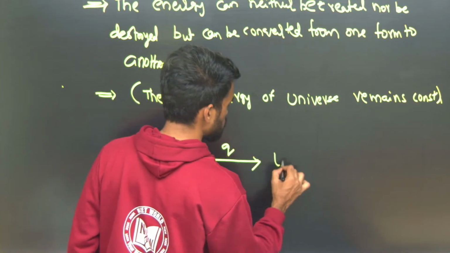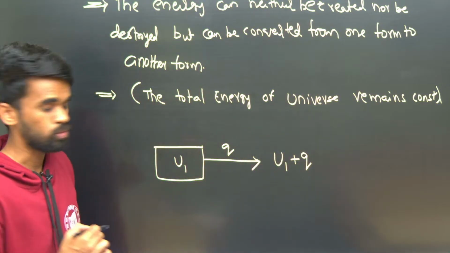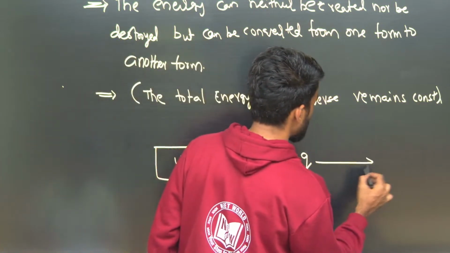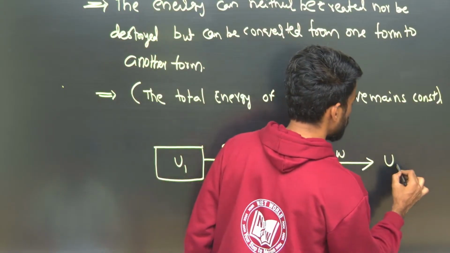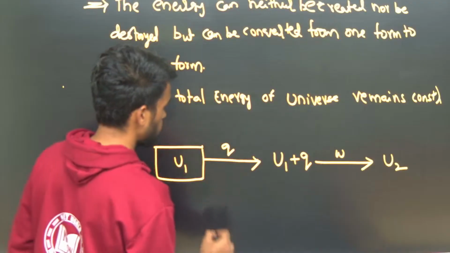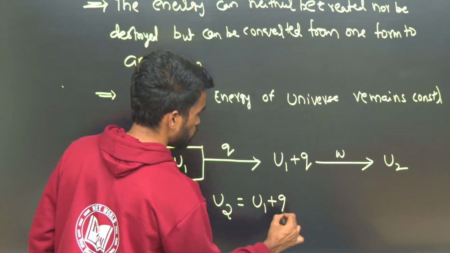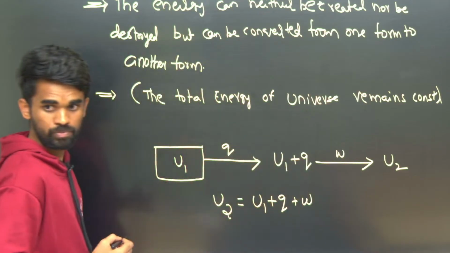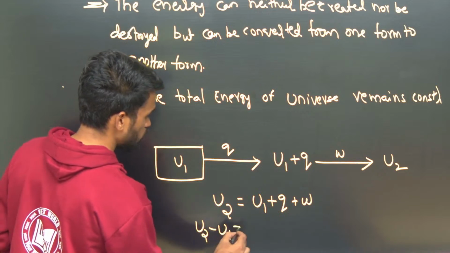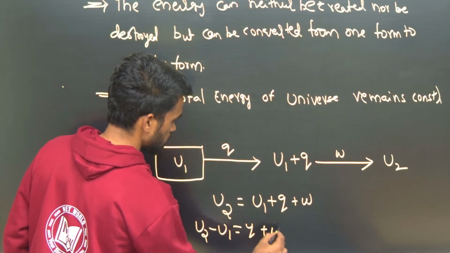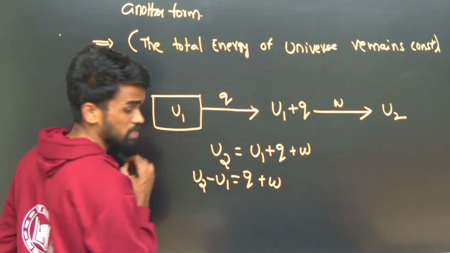Its internal energy becomes U1 plus Q. Now I am doing W amount of work on it, therefore its internal energy becomes U2. So U2 equals U1 plus Q plus W. Yes or no? So U2 minus U1 equals Q plus W. This is the mathematical equation of the first law of thermodynamics.